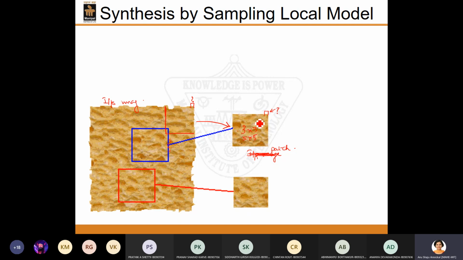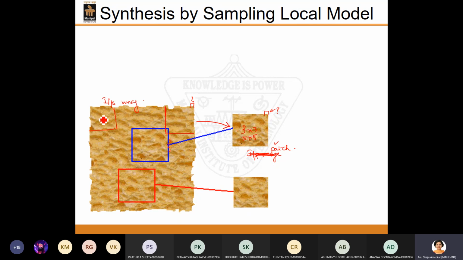So this particular patch of a given size, what I do is, in this image which is given to me, I will try to find out all the possible patches which are present in this particular image of the same size as that of the input patch which I'm considering, and I compare the similarity of all the patches which are present in this image with the input patch over here. Okay, I try to see how similar each of these patches is.